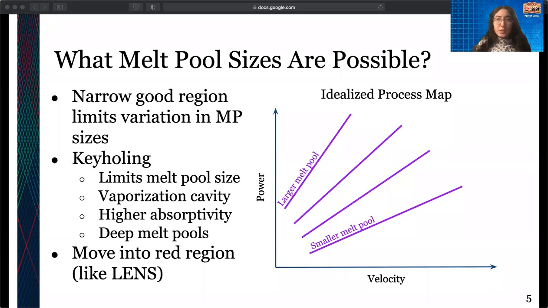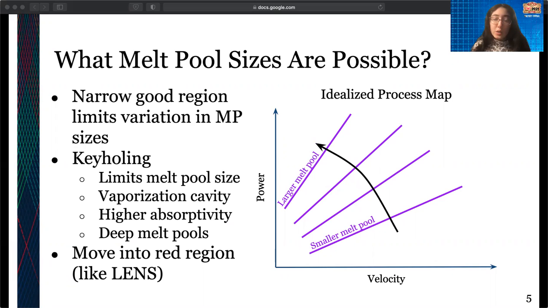In order to understand these melt pool dimensions, it's useful to plot them on a process map. On the right here, you can see an idealized process map where lines of melt pool size are drawn. They're actually quite close to linear in practice. In the bottom right corner, they result in smaller melt pools. In the top left corner, they are larger melt pools, with this generally increasing trend as you move to the top left.